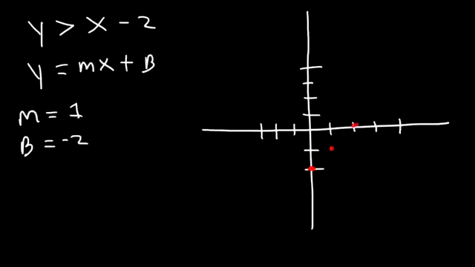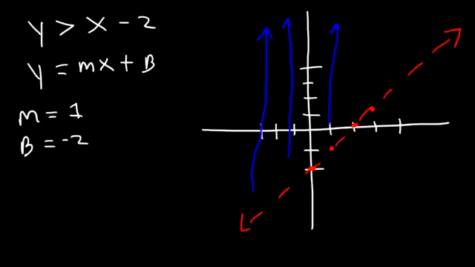The next one will be here, and so forth. Now, it's greater than but not equal to, so we're going to draw a dashed line through these points. Now notice that y is greater than the function, so we're going to shade above the line rather than below it. So everywhere above it, we're going to shade. And that's how you can graph it.